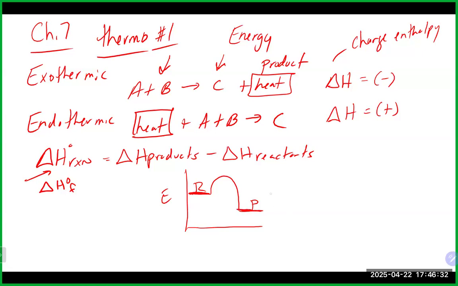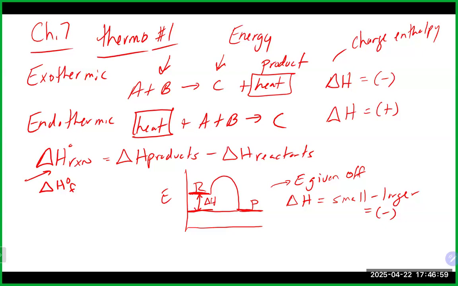So in order for this to occur, energy has to be given off, and that would result in a negative delta H. If we take the difference in the energy between our products and our reactants, that is our delta H for this reaction. Since the products are a lower number, that would be a smaller number minus a larger number in terms of energy, and that is what's going to yield your negative number for an exothermic reaction.